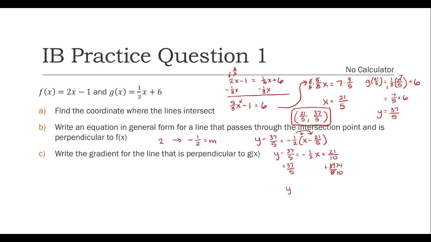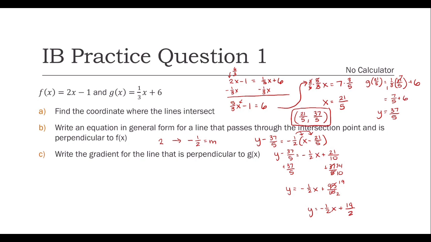So we get y equals negative 1/2 x plus 95 over 10. Our 95 over 10 can be simplified by dividing the numerator and denominator by 5. So we would get 19 over 2. So y equals negative 1/2 x plus 19 over 2.